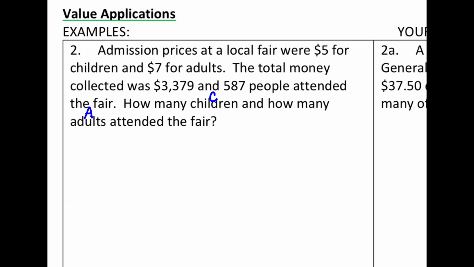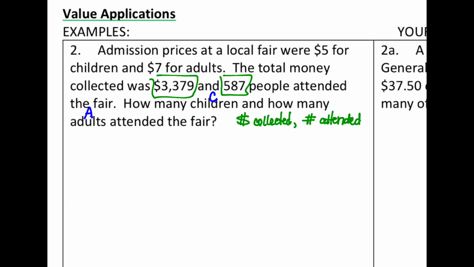All right, now you need to come up with two equations using A and C. You have two types of information using both. You have price and you have total number of people who attended. Okay, so you have the amount of money collected and the number of people who attended.